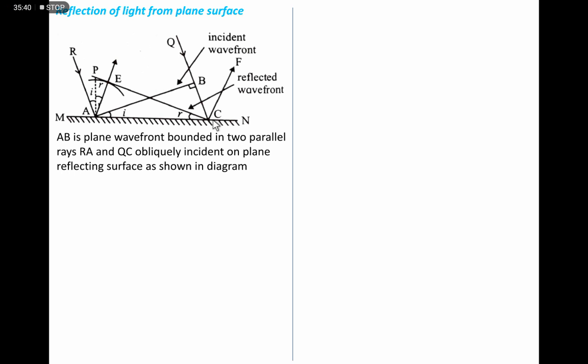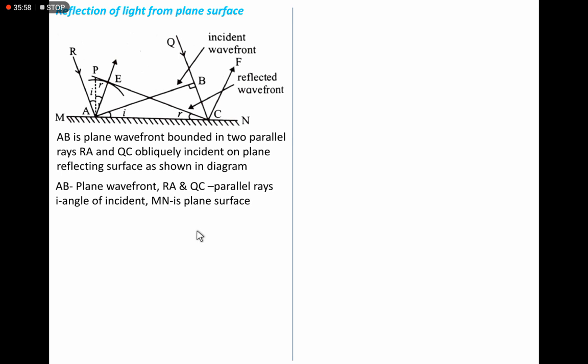It is bounded by these two parallel rays and obliquely incident on the plane surface MN. This is the diagram. Now, the mechanism is very simple.